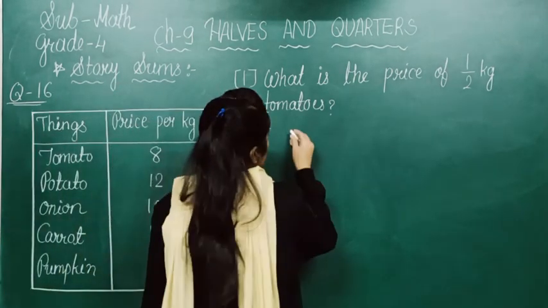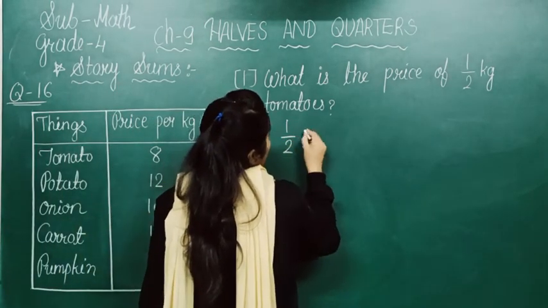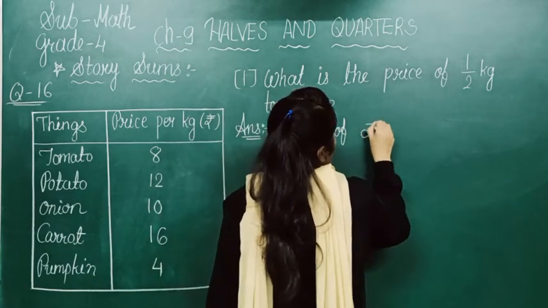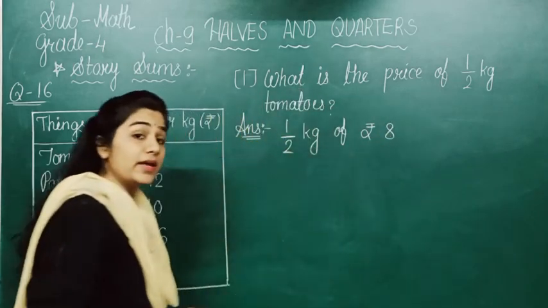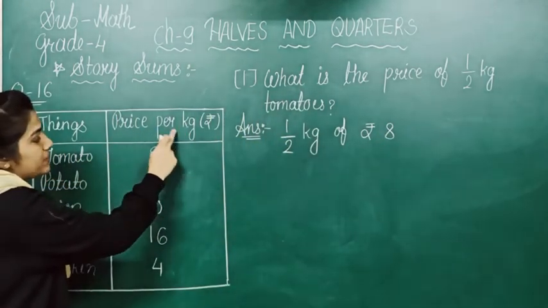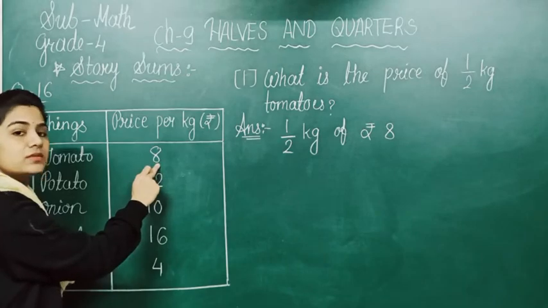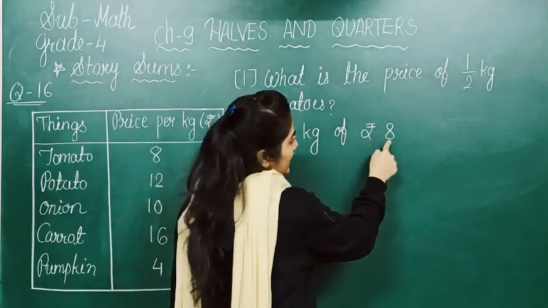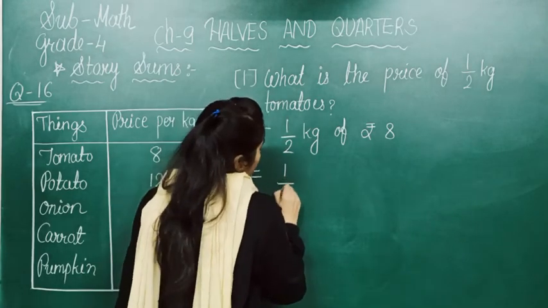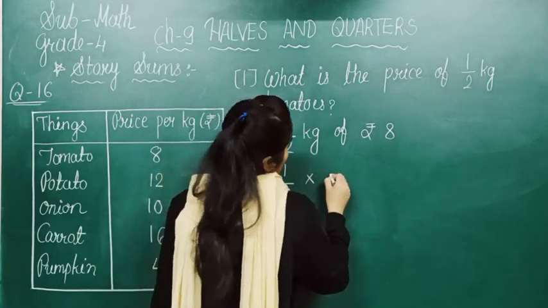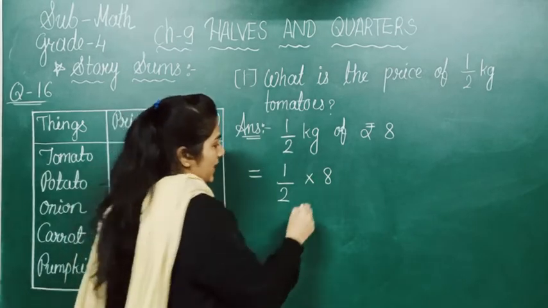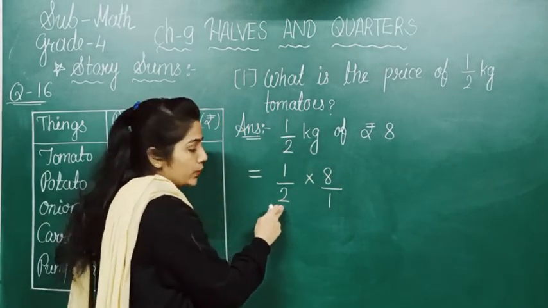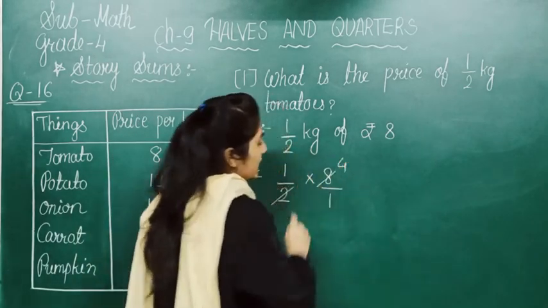So how can we do it? 1/2 kg of ₹8. Why? Because the price per kg of tomato is ₹8. So we can write it this way, 1/2 kg of ₹8, 1/2 multiplied by 8. Directly we can cut this 8 with the help of 2. 2 4s are 8.